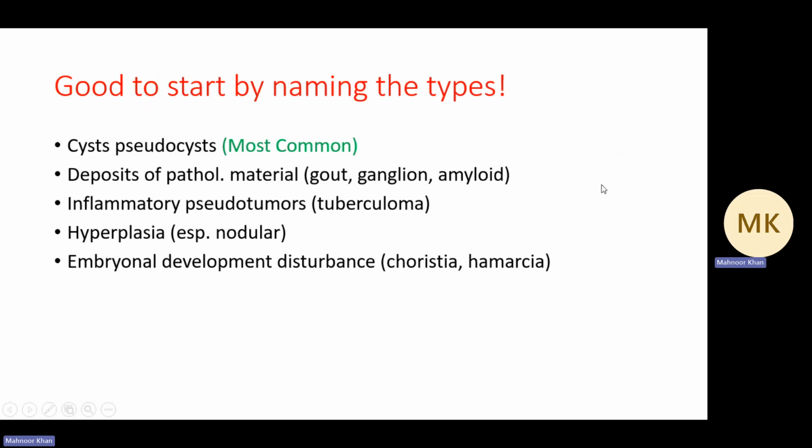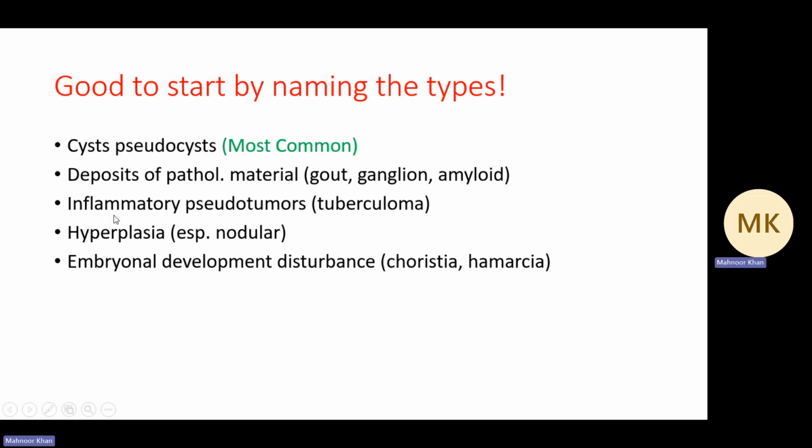So it's good to start this question by naming all the types of pseudotumors which exist. That gives your examiner an idea that you know the main classification of pseudotumors. So what are the main types of pseudotumors? First of all, the biggest and most common group is cyst or pseudocyst. Then followed by deposition of pathological material, for example, gout, ganglion, or amyloid.